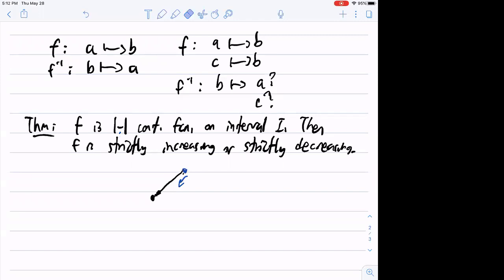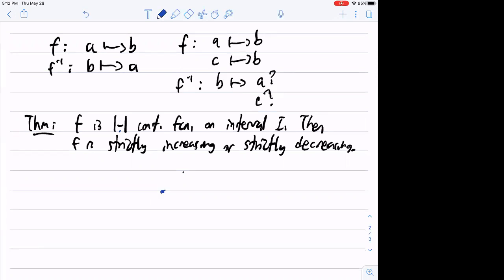And same thing if I started going down. So it's sort of a picture proof. Part of it is, but it's certainly not true if I'm not continuous. If I'm going up, I could certainly put an open circle and then a dot somewhere else. So with continuity, you have to keep your pencil on the page.